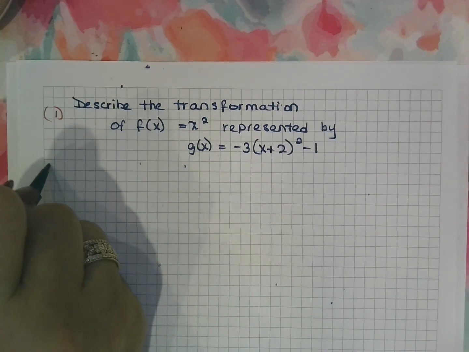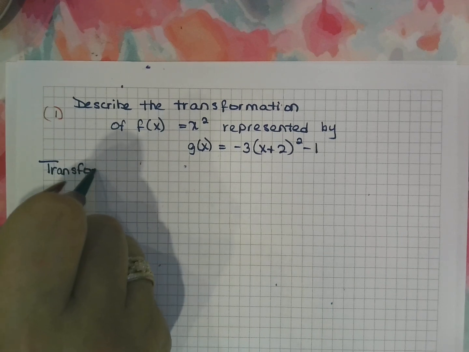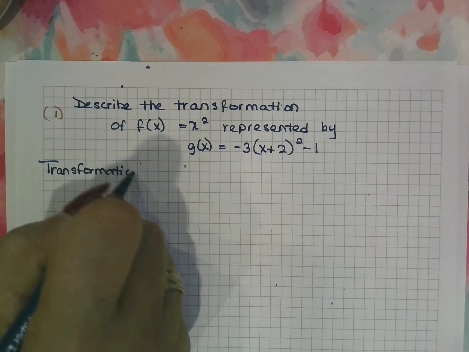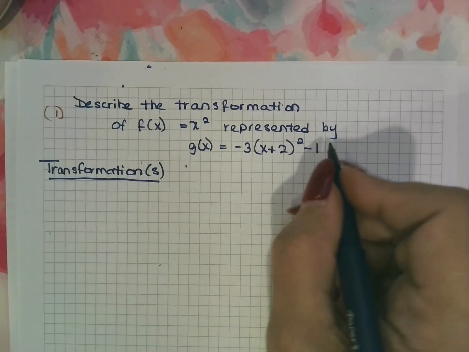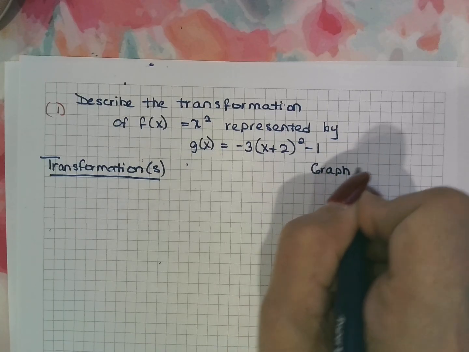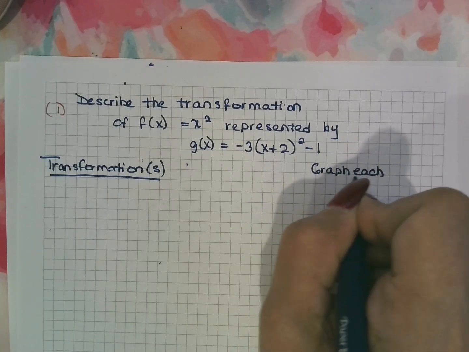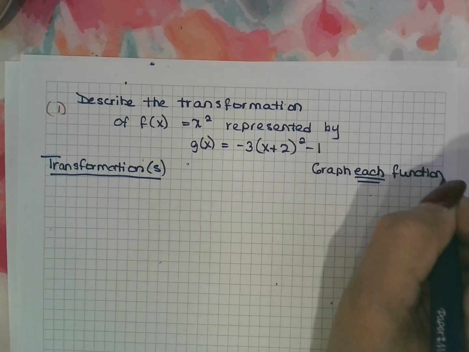So your first thing you're going to do, just like in the quiz, tell me the transformation or transformations, and there are more than one here. And then after you do that, graph each function. So there should be 2 functions, both on the same graph.